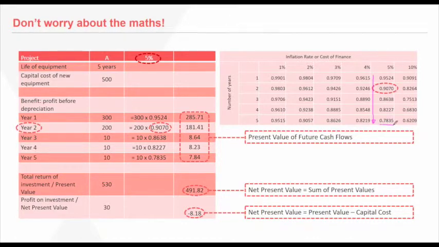So in year 5 at a 5% rate, we're multiplying through by 0.78. And if any of you think of that in percentage terms, what we're saying is that money 5 years out is actually only worth 78% of money today. Money 1 year out is worth around 95% of money today.